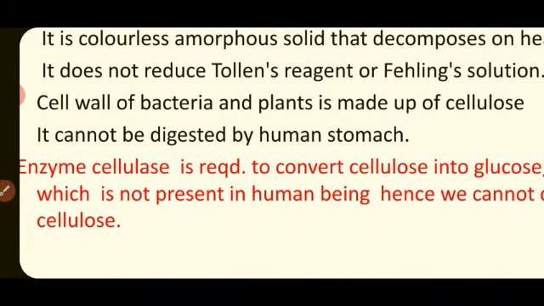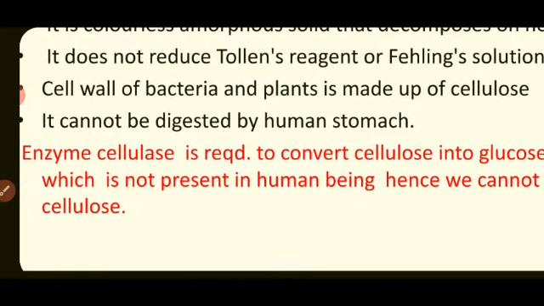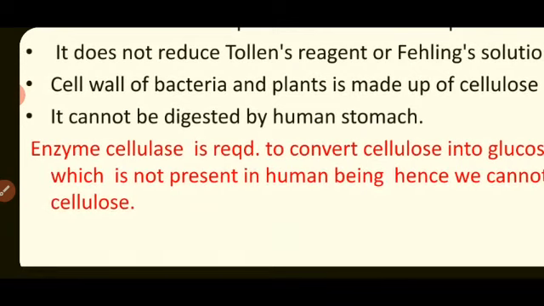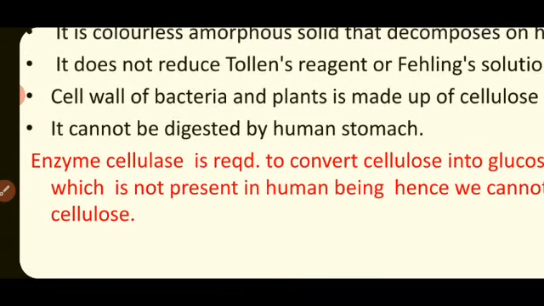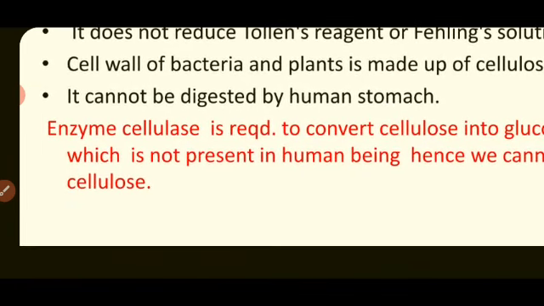Cell wall of bacteria and plants is made up of cellulose. It cannot be digested by the human stomach. Now this question can be asked as a give-reason question for one mark. Why is it so?